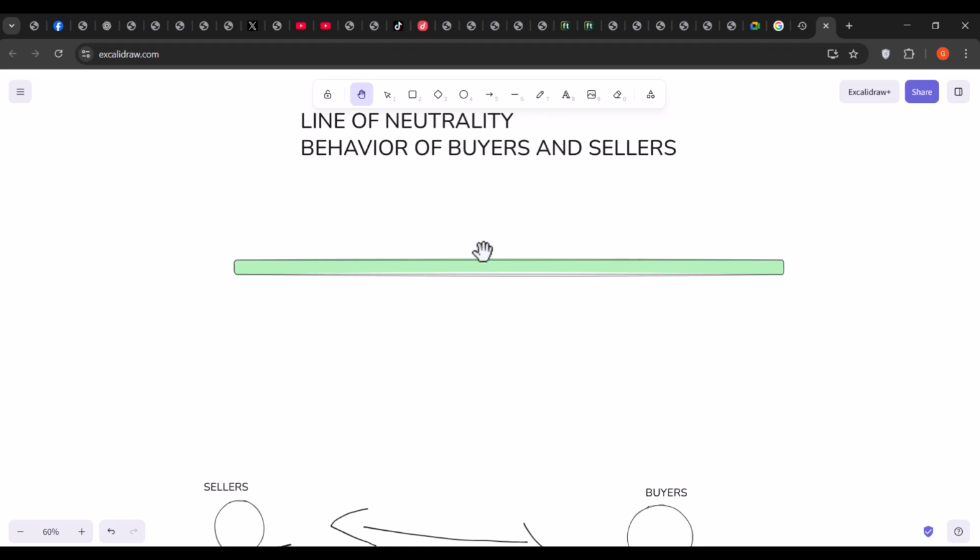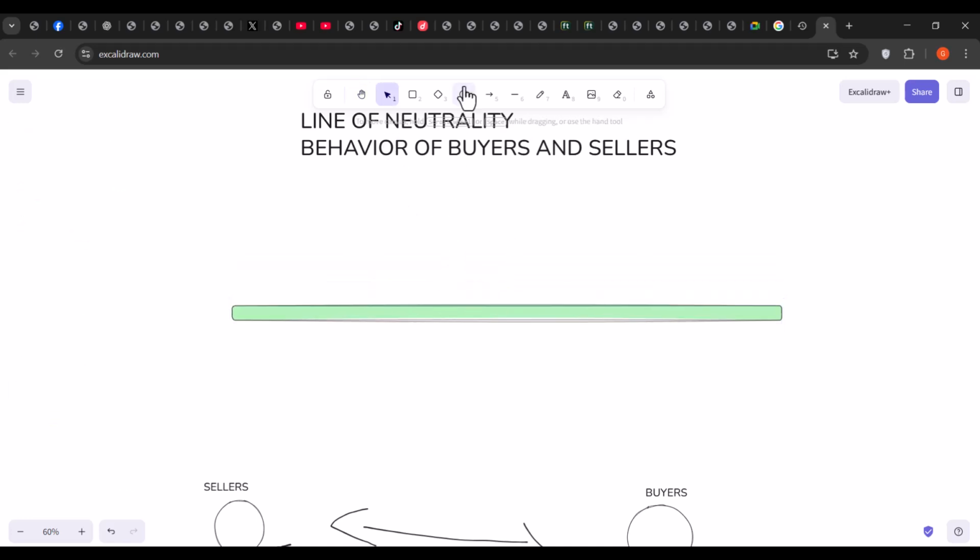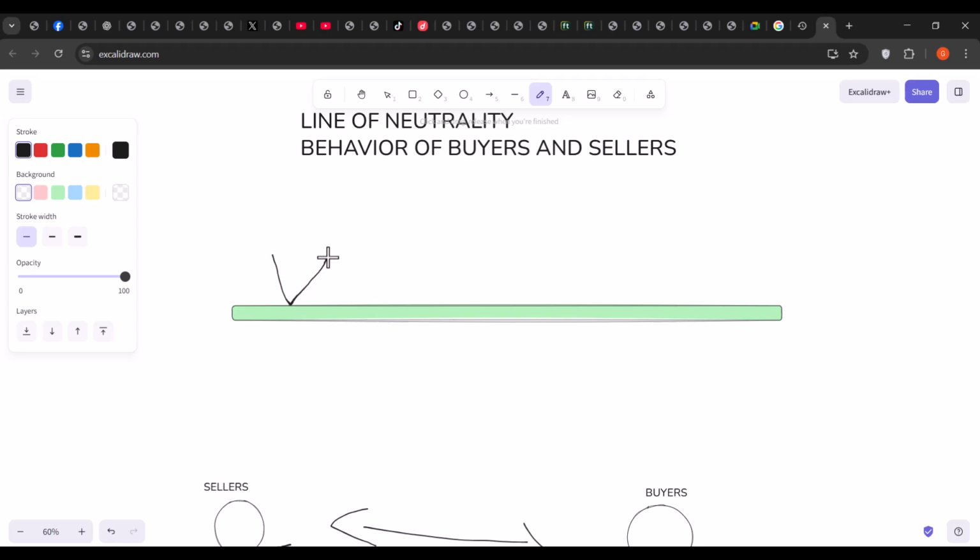So let me push this down a little bit over here. The line of neutrality is where both buyers and sellers are sitting. So on top of this line, sellers are sitting over here, ready to push the price down.